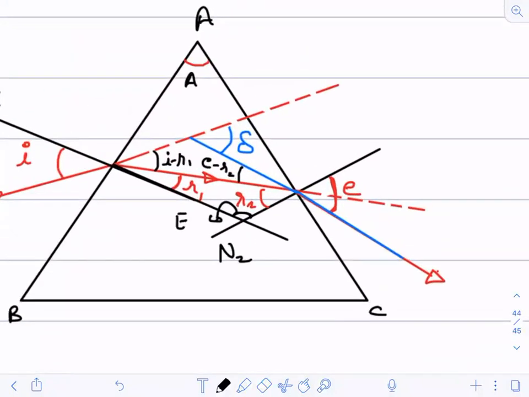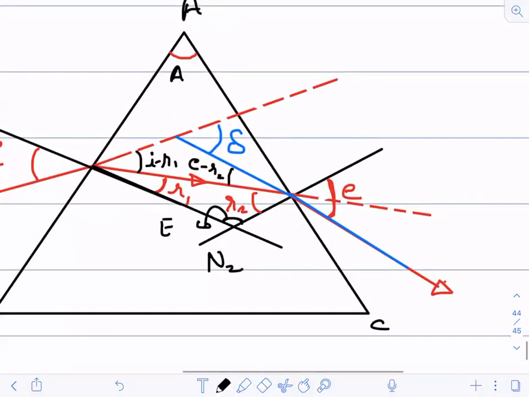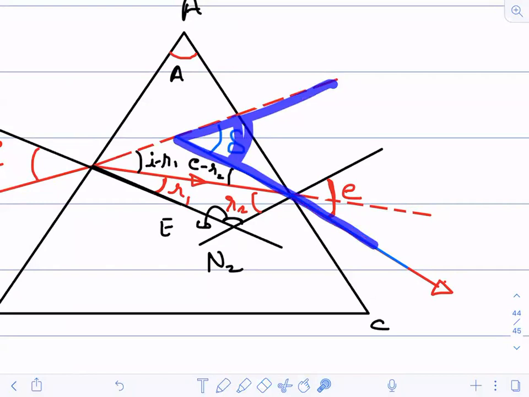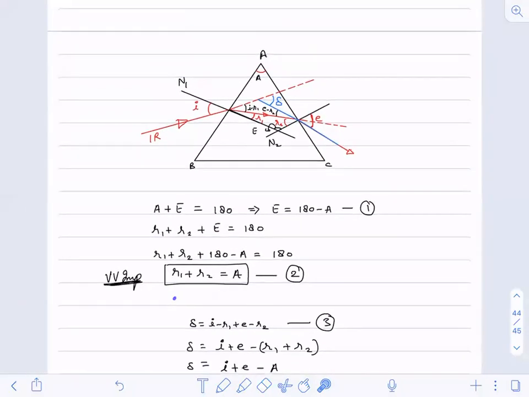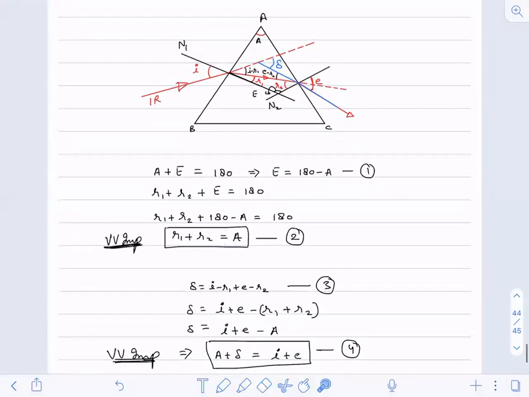Amrita, delta is over here. This angle is delta. If anybody has any doubt, you can ask. Shall I move forward then?